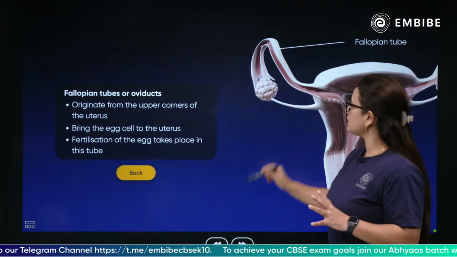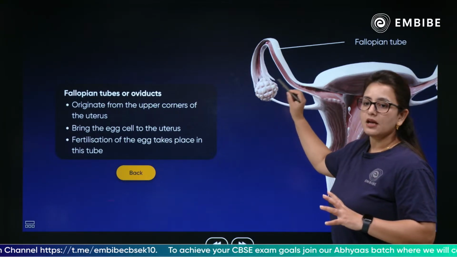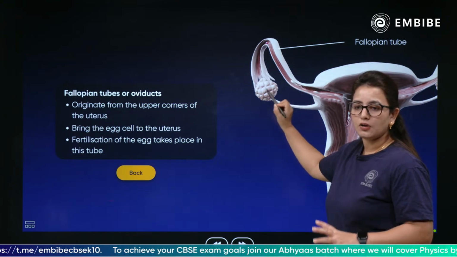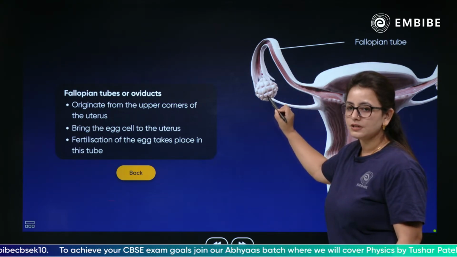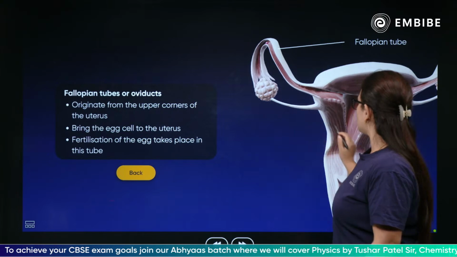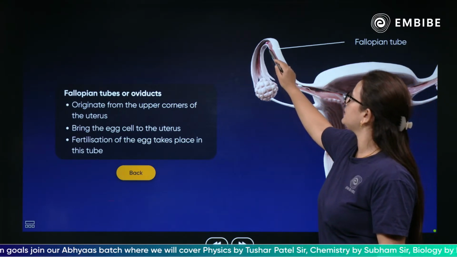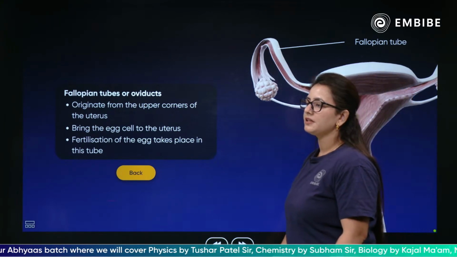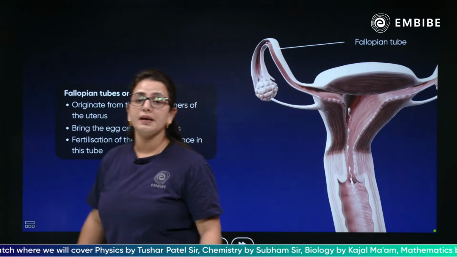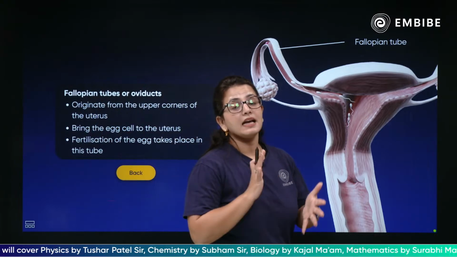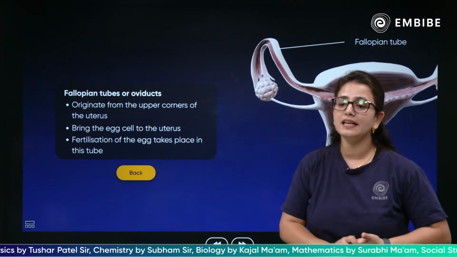So children, the ovaries present on either side of the uterus produce an egg cell. The sperm travels through the uterus to reach the fallopian tube, where fertilization, the fusion of the male and the female gamete, takes place, near the uterus.